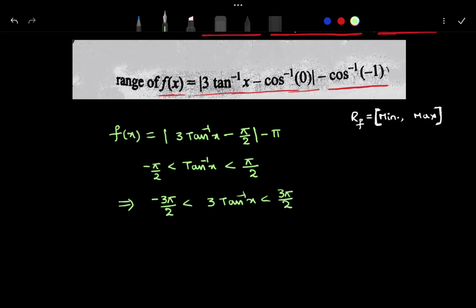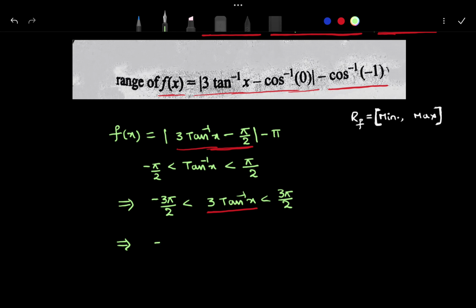And next, minus pi by 2 is there. Here you observe: this is 3 tan inverse of x minus pi by 2. How will you get that value? Subtracting pi by 2 throughout.